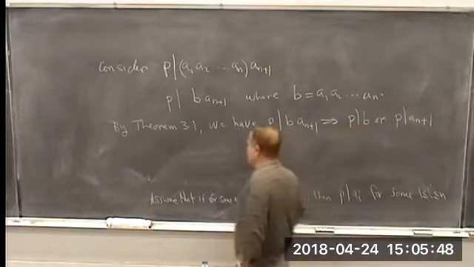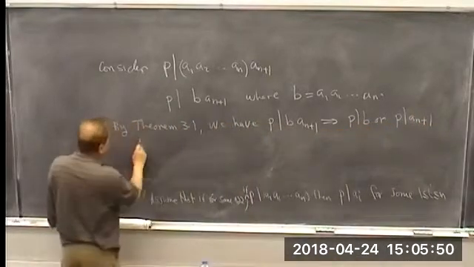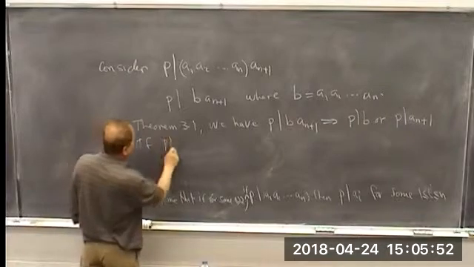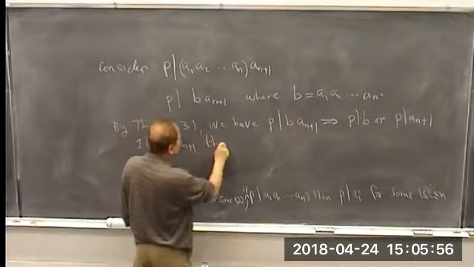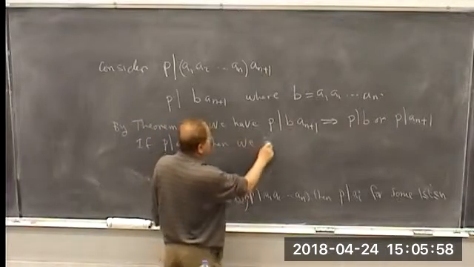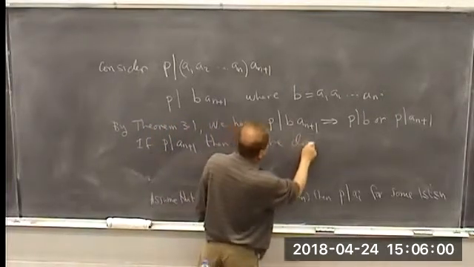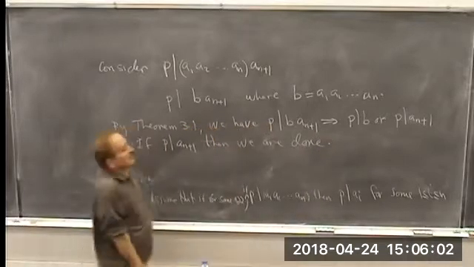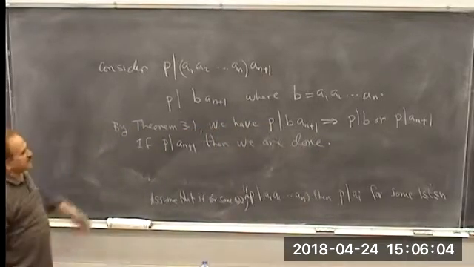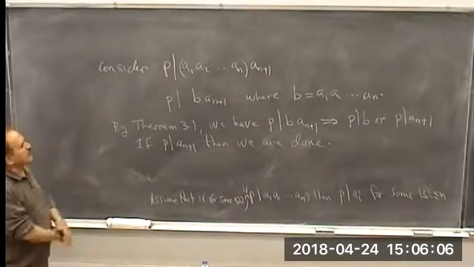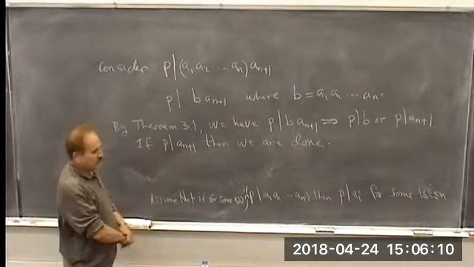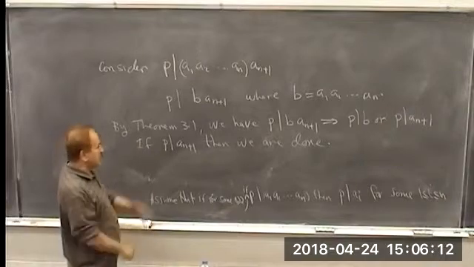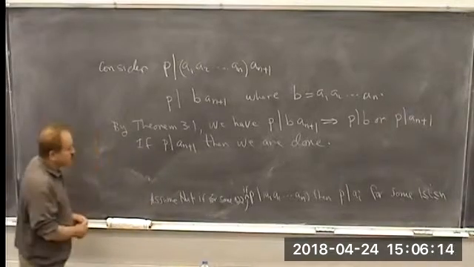Now, if P divides AN plus 1, then we are done. Because the mathematical induction says that we assume it is true for n products, then it's true for n plus 1 products. However, we need to look at the other case.